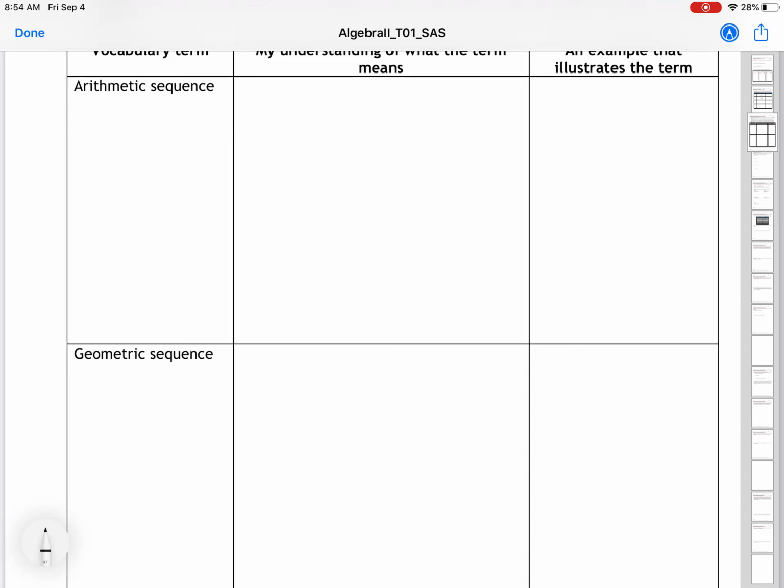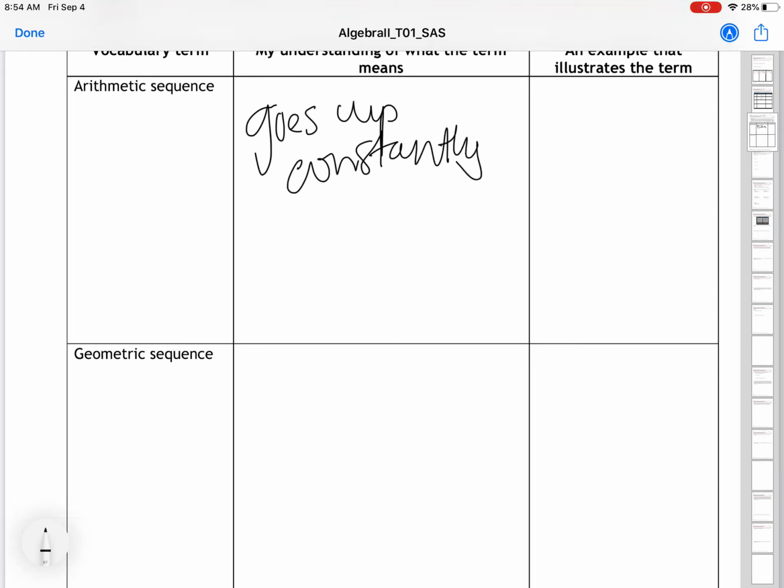All right, so this is what you need to write if you do not have this written down. An arithmetic sequence goes up constantly by the same number.